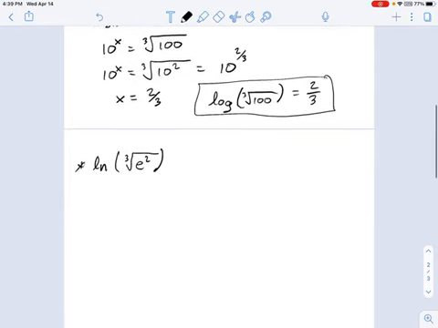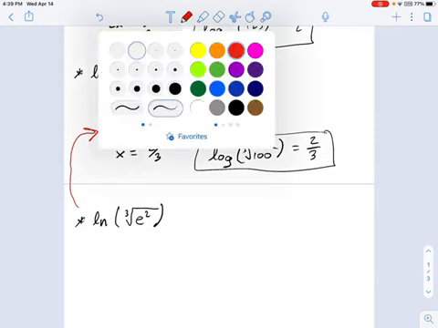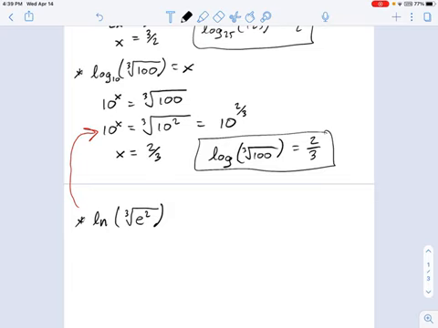And the last one I pulled in here was the natural logarithm of the cubed root of e squared. If you look at this, you'll see a similarity between this problem and this part of the previous problem. In the last problem, I had 10 to the x equals the cubed root of 10 squared. And in this problem, once you rewrite it, remember natural log means log base e. That might clear this up a little bit.